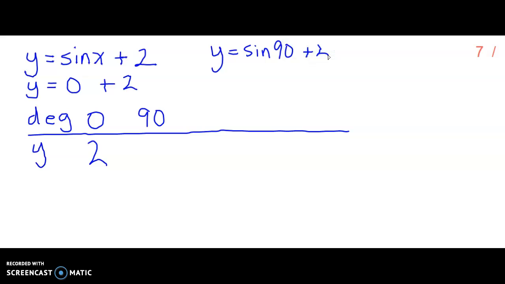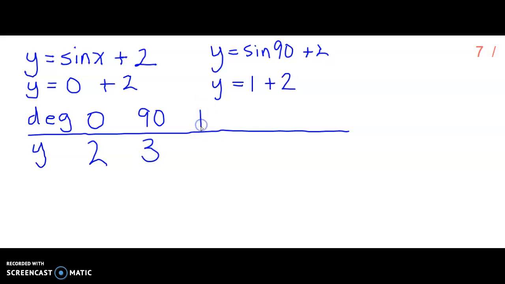The sine of 90 is 1. That means the sine of x plus 2 is going to be 3.